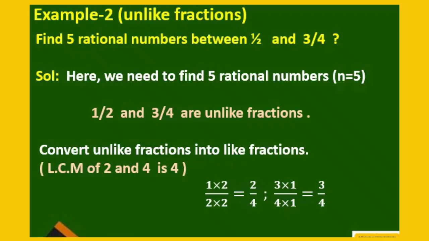Children, how do you convert unlike fractions into like fractions? Yes, by writing them as equivalent fractions. That is, by taking the LCM of the denominators 2 and 4. The LCM of 2 and 4 is 4. So 1 by 2 can be written as 2 by 4, whereas 3 by 4 will remain as 3 by 4.